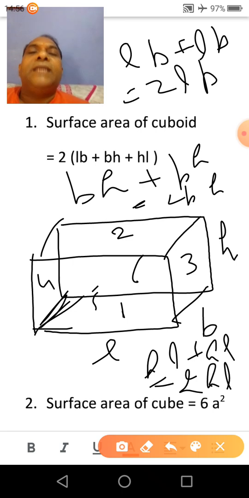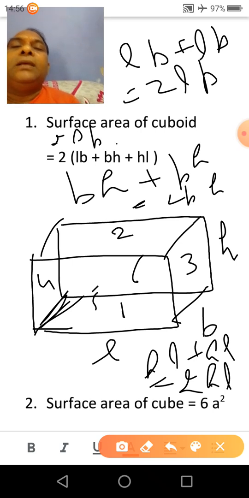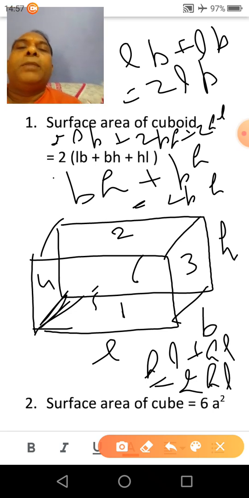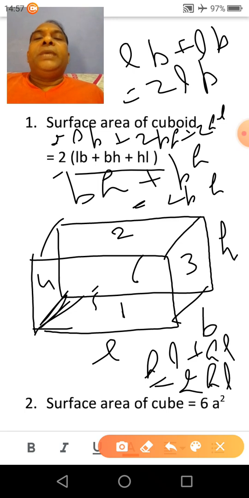So surface area of cuboid will be 2LB plus 2BH plus 2HL. Taking out common 2, this will be equal to 2 into (LB plus BH plus HL).